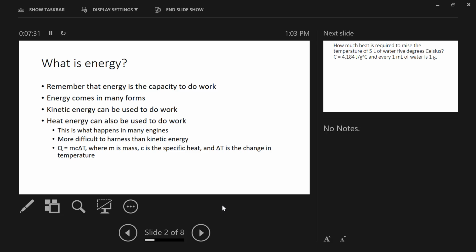And so we have this formula for Q. Q is the heat energy, the heat absorbed by the system. And so that heat energy is equal to the mass of whatever that material is, times the specific heat of that material, which we'll talk in the very next slide about what that is, times the change in temperature. And now we have something we can actually measure.